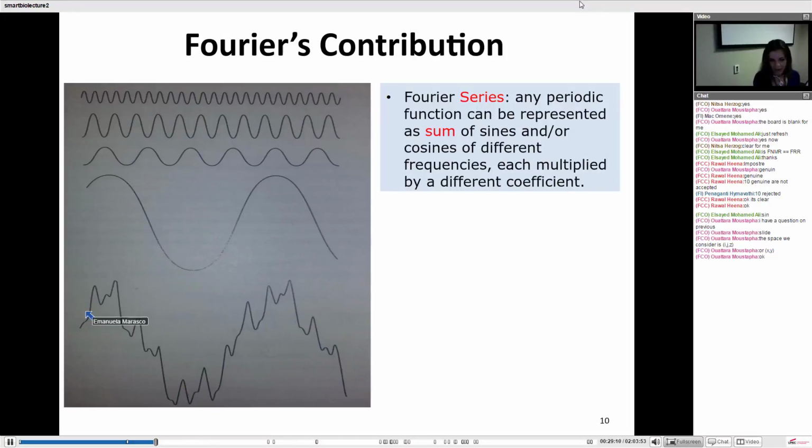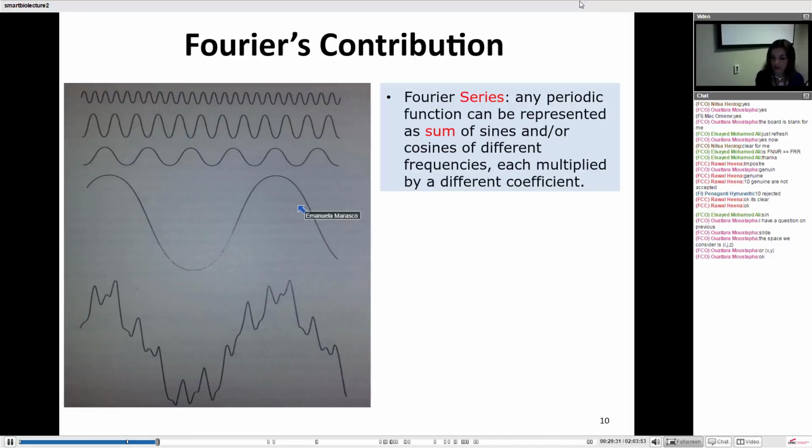And then we can express this function as a sum of sine and cosine with different amplitudes and different frequencies. So this is a low frequency, for example, this is a high frequency with low amplitude, and so on.